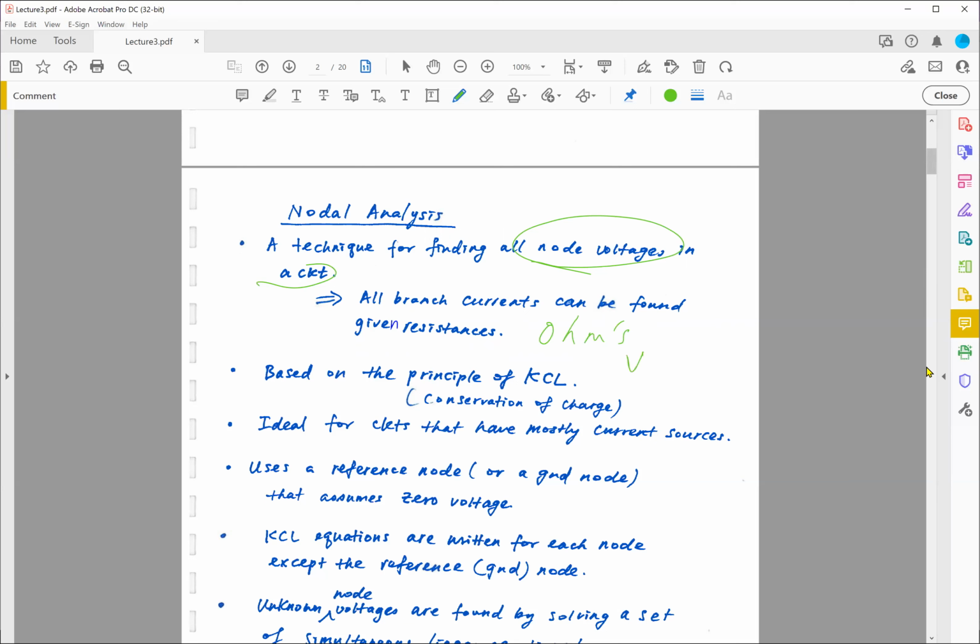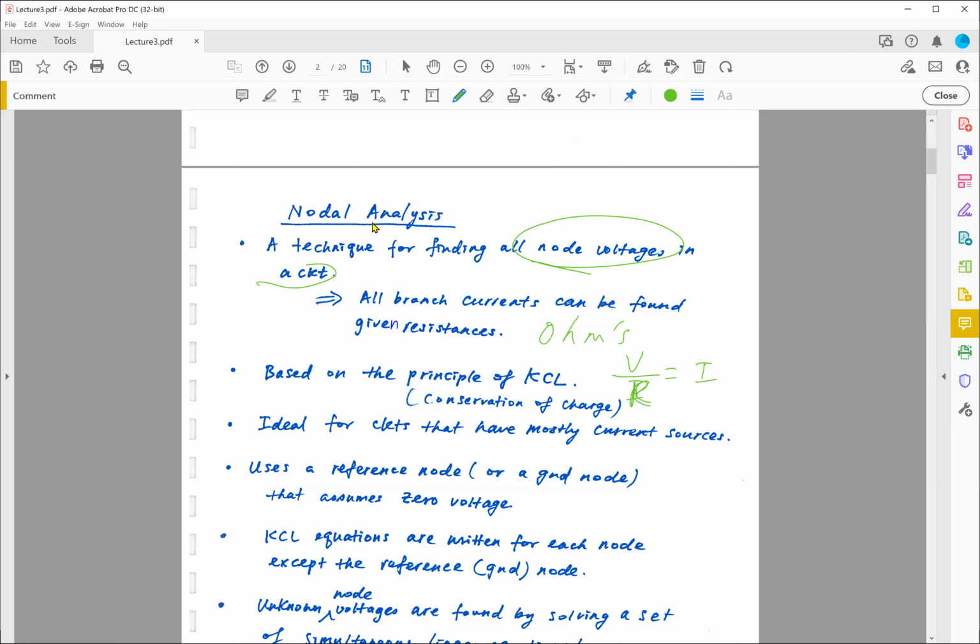So if I have V and I have I, or if I have V and I have R, I can find the current I. Or if I have V and I have I, I can find the resistance. Okay. So it's always knowing two variables out of three, and you find the third unknown.